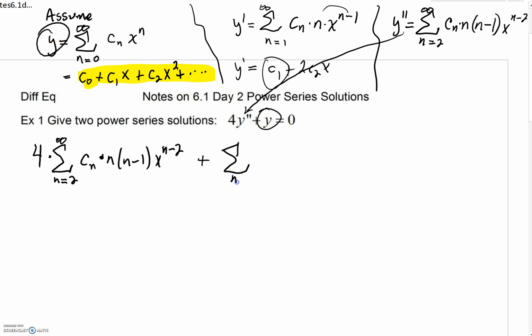It's also a power series. N equals 0 to infinity, c sub n times x to the n. And yeah, this can look very ugly and very frightful at first. Realize this is almost a very simple move right here where you just bring that 4 inside. Look at that.